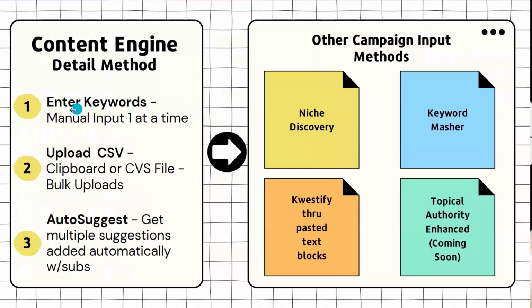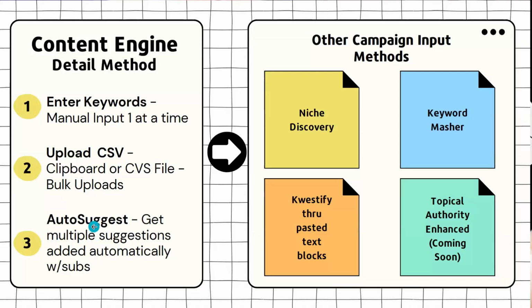You can enter keywords manually one at a time. You can upload a CSV, or you can paste into a text box. If you're familiar with the importer on AIMasher, it's the same type of import, okay?